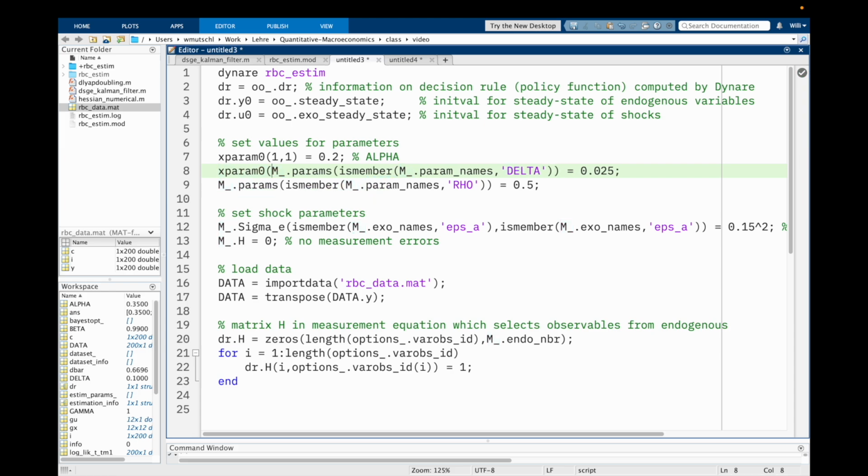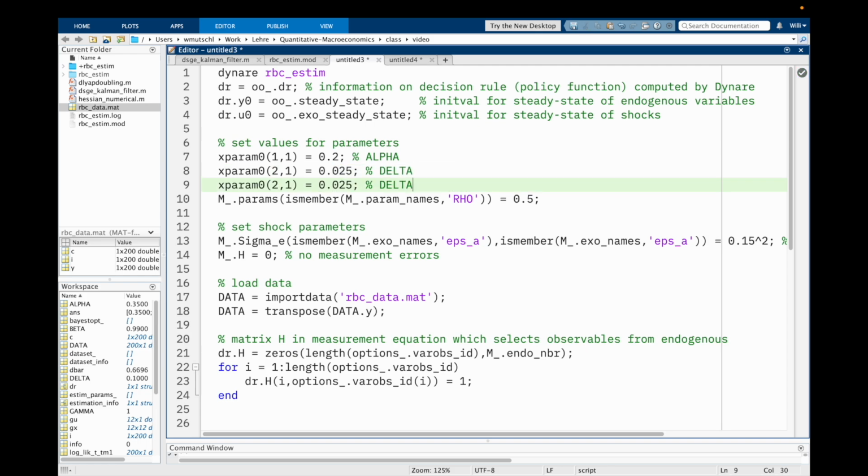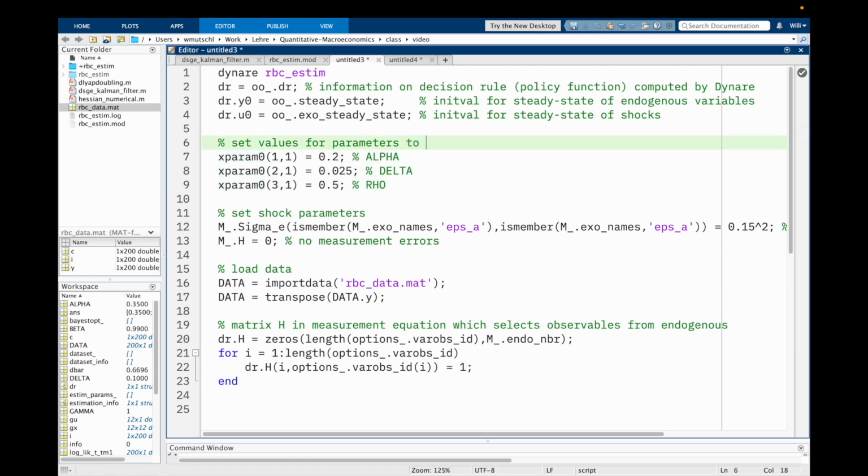The second parameter that I'm going to change will correspond to delta, and the third one to rho. And those are the parameters I want to estimate, or I want to change. Maybe not all of the parameters, but at least a subset of parameters. This is basically my initial guess.